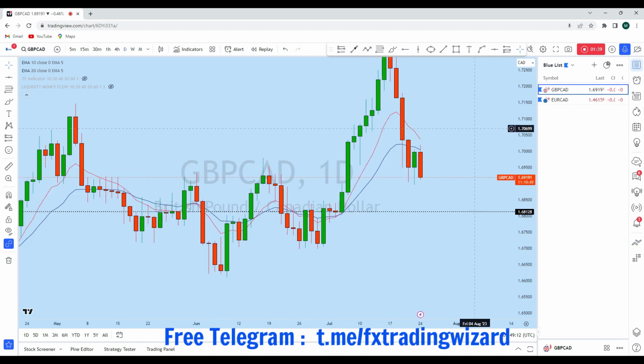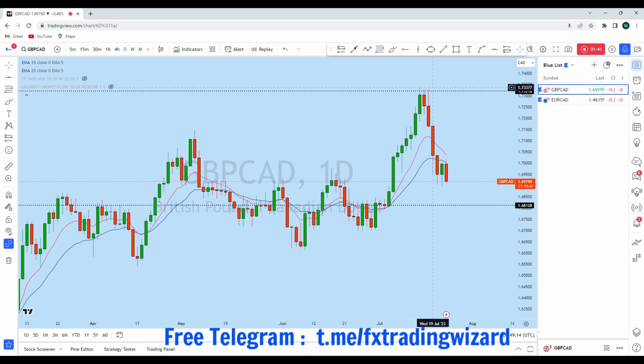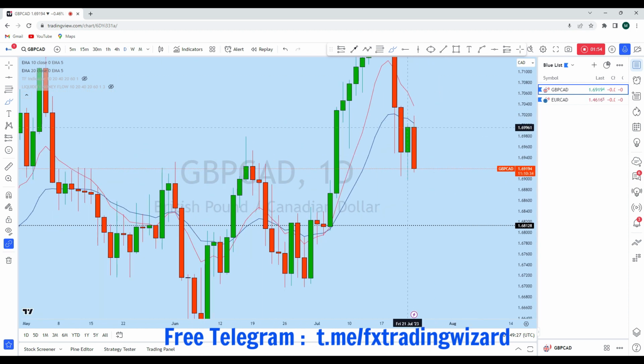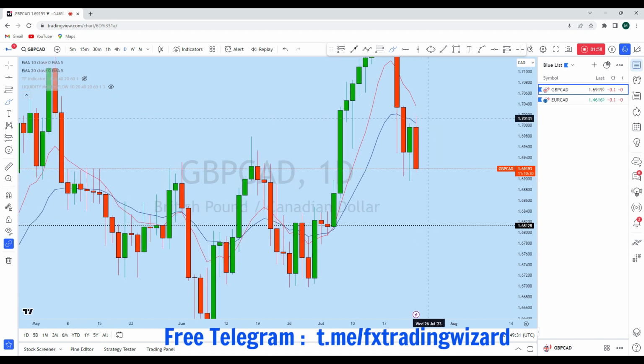Now, if we look at the daily, this daily candle is a liquidity candle with very strong rejection, followed by quite a few days of drop. On the last day of the trading week, we saw a green candle. This candle is just a pullback and liquidity grab. As a result, today, after breaking this high, we saw immediate rejection from the resistance zone on GBPCAD.